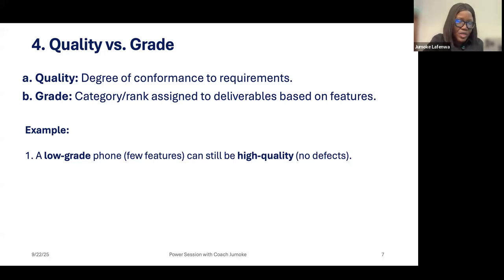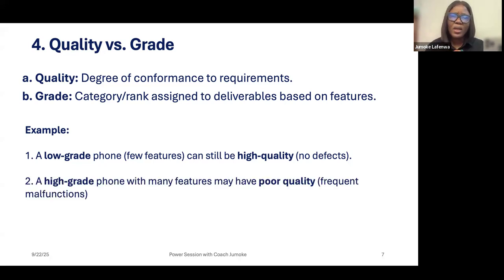But if the requirements specified for that phone were those few features, then it's good. It's not giving problems, no defects. Then we will say the phone is low grade, but with high quality. You can have a high-grade phone with many features, but it may have poor quality.